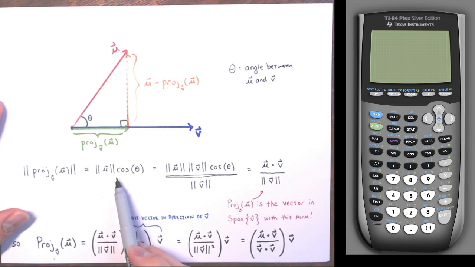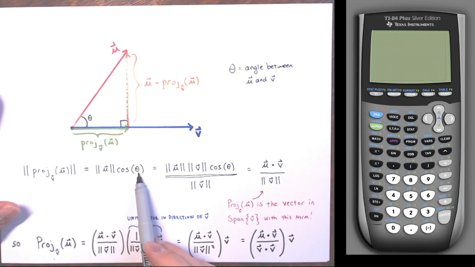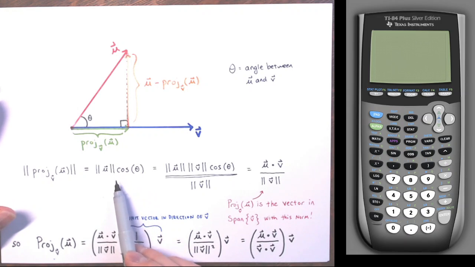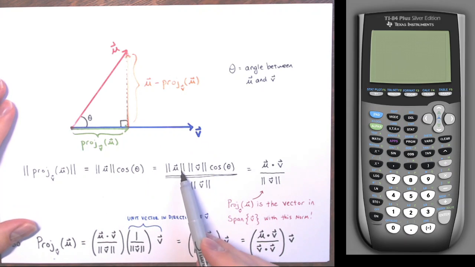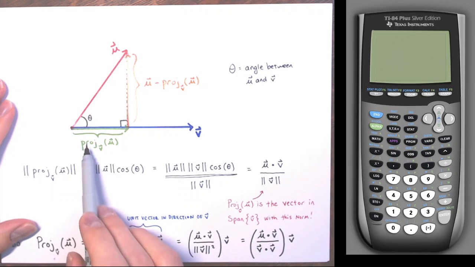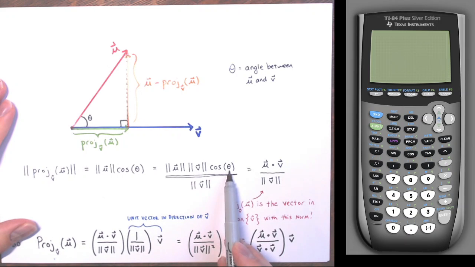Then I play with this a bit, and if I take the norm of u times the cosine of theta and multiply in the numerator and denominator by the norm of vector v, I'm getting the length of the projection vector is the norm of u times the norm of v, times the cosine of the angle between them, divided by the norm of v.